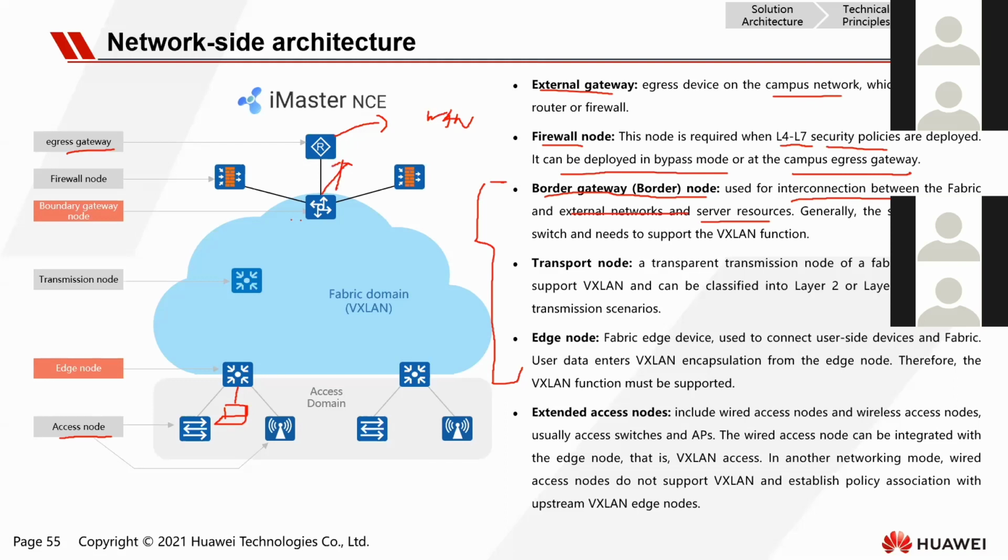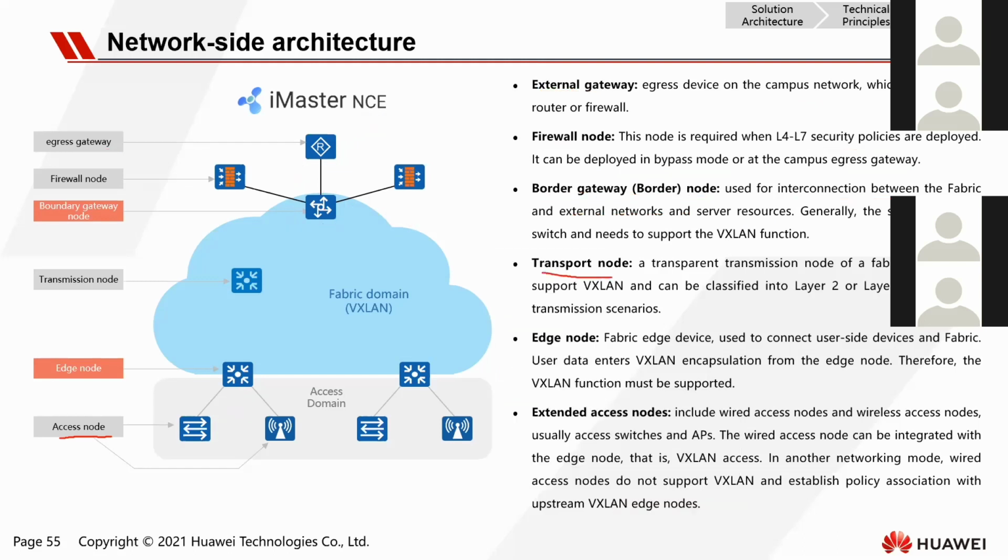The border gateway node will function as a gateway to communicate with the external network. So basically all the traffic from inside the VXLAN to outside of the VXLAN will go through the border gateway.